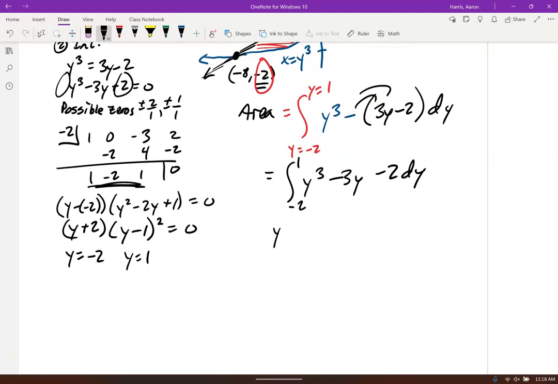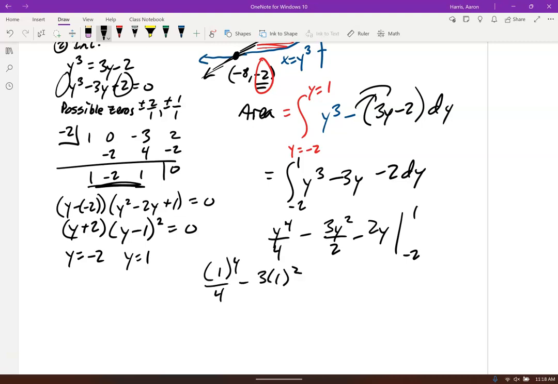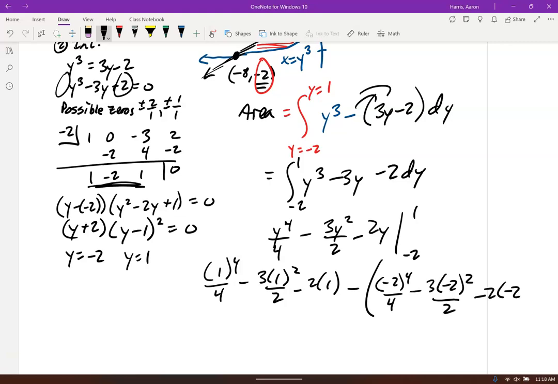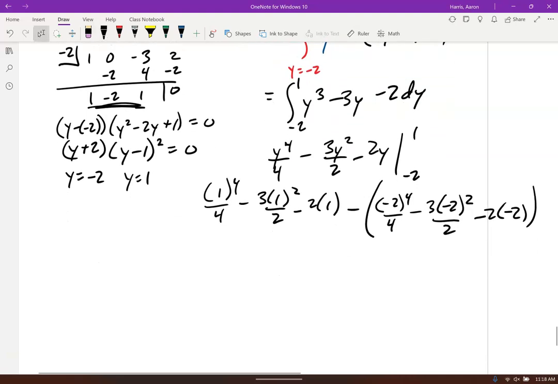Now we run it, y to the 4th over 4. Plug the 1 in. Plug the negative 2 in.